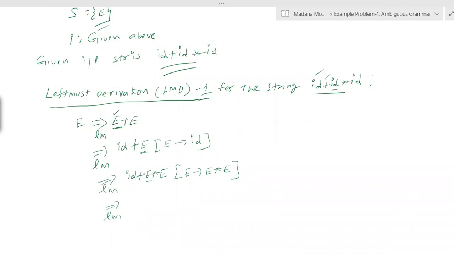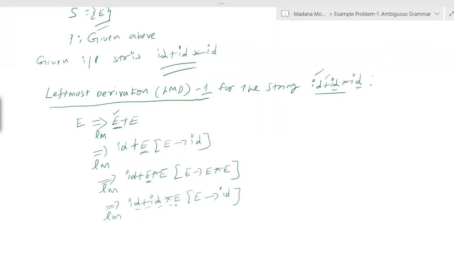We want id. So directly in place of E, you can substitute id. Now id plus id. Now the remaining symbols are into E. Here the substitution we used is E derives id. So now you can see we derived id plus id into. Then at last after into, what we want is id again.